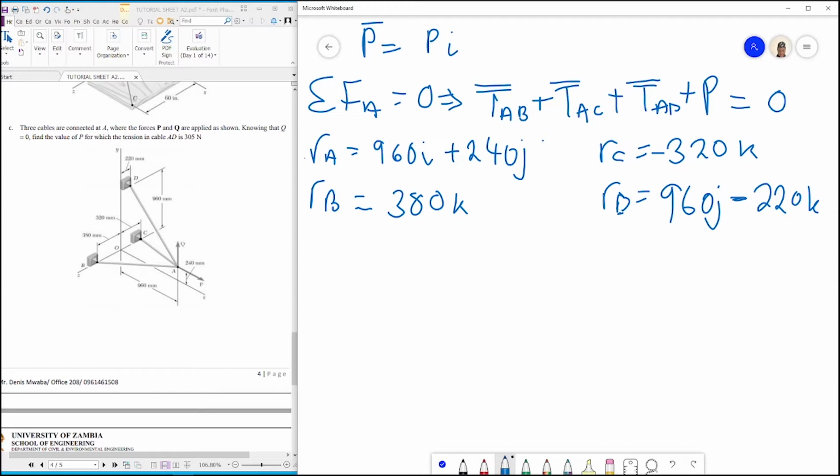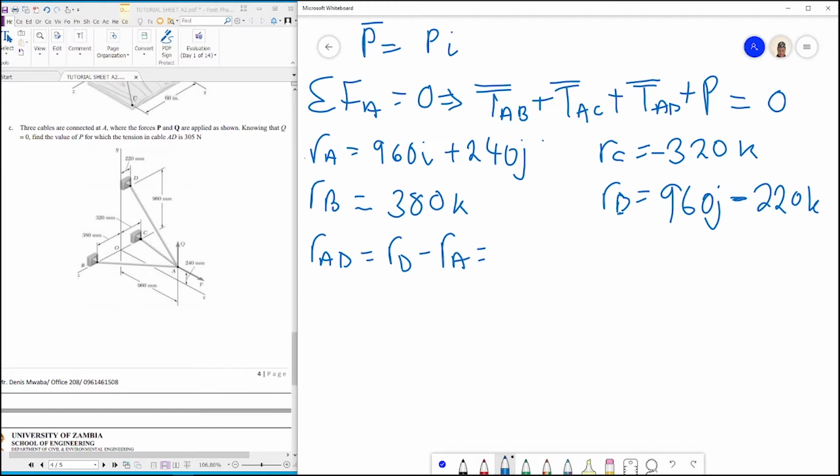Let me start with that one. RAD will be equal to RD minus RA, which is just subtracting, and I'll do it in my head.